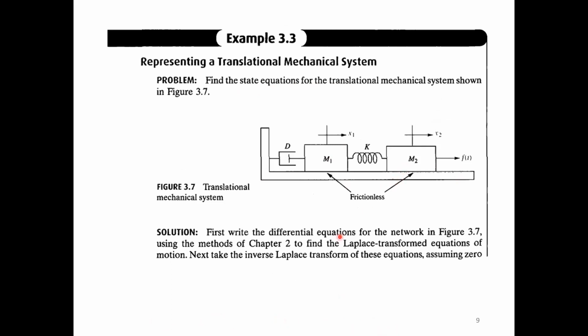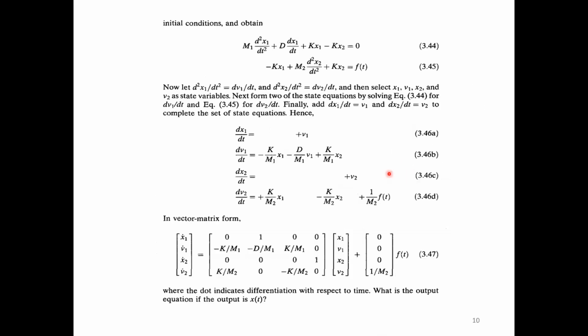Frictionless. At first there will be two equations. At first write the equations, then take the state variable. Now take the state variable x1.